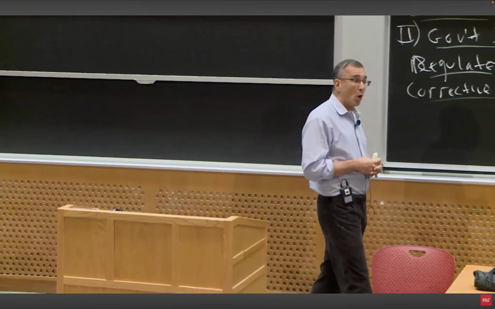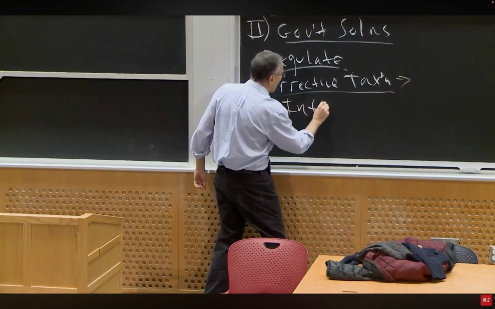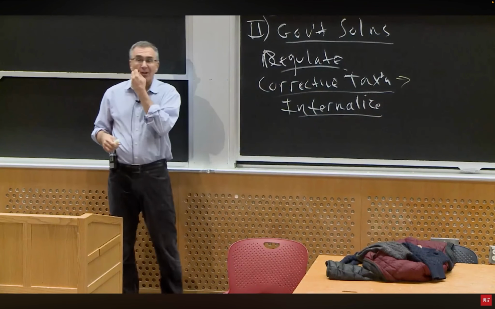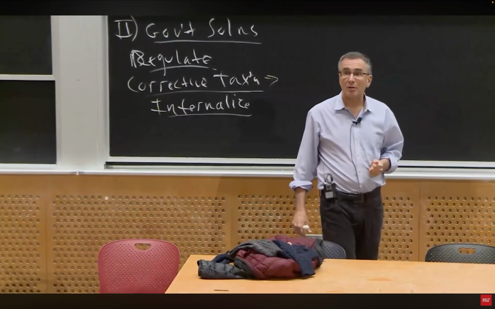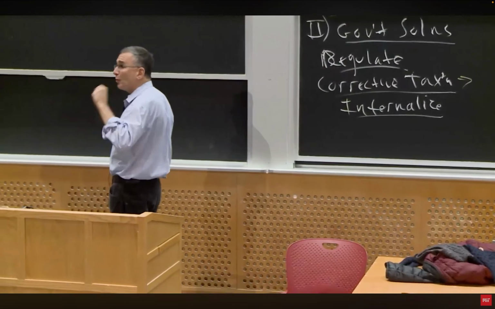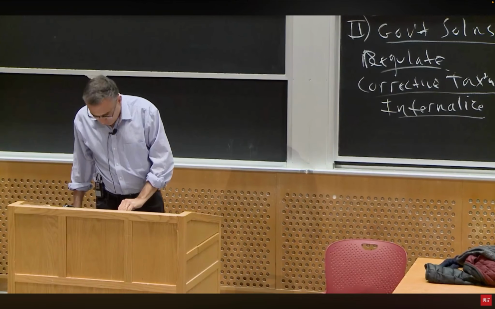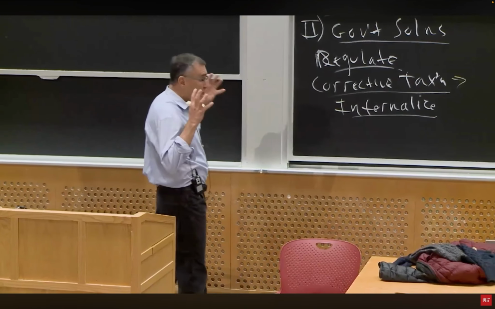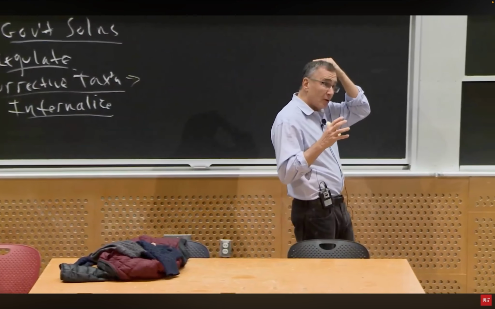What the government does through corrective taxation is cause the firm to internalize the externality. By pricing the externality, it causes the firm to incorporate that into its decisions, thereby getting to the socially optimal outcome. So the government can solve this problem with fairly limited information. All it needs to know is MD.